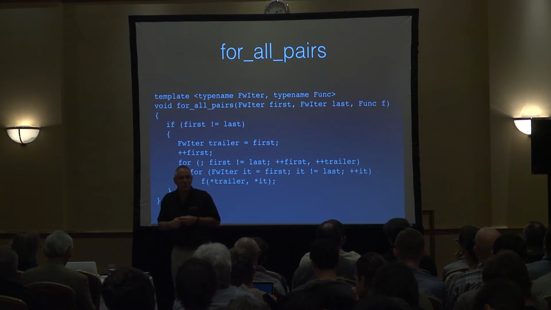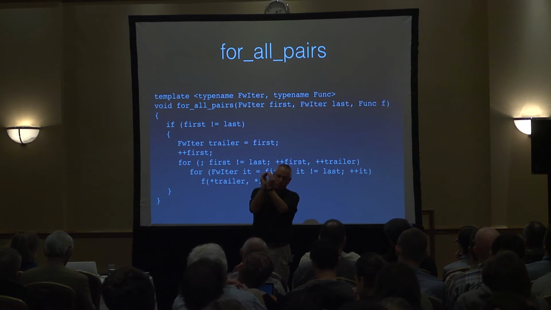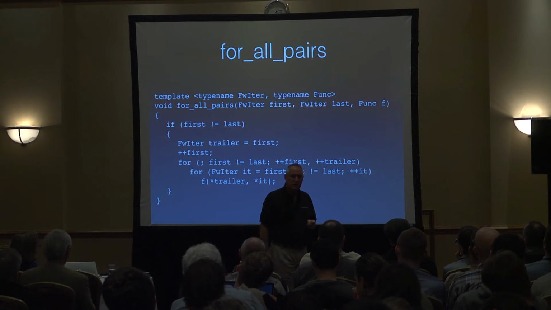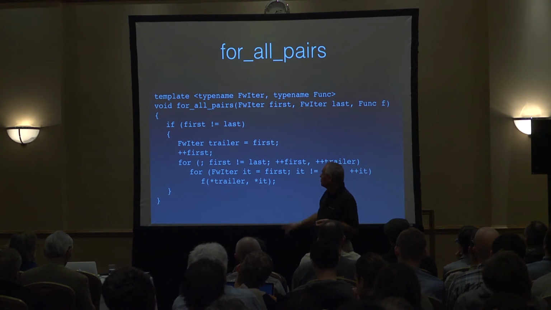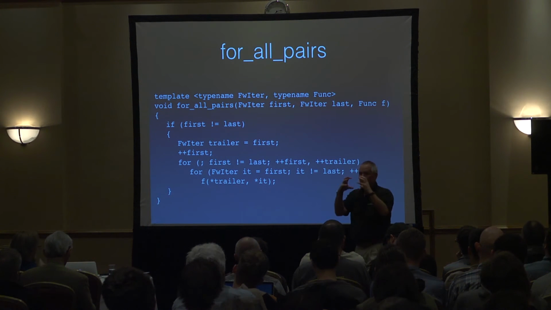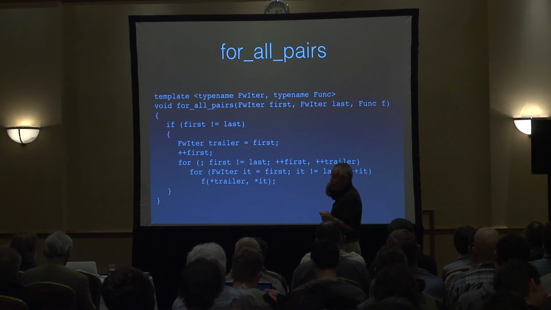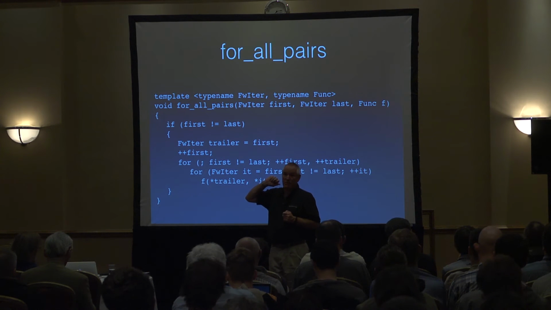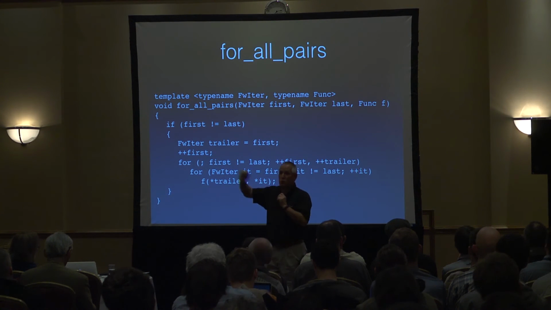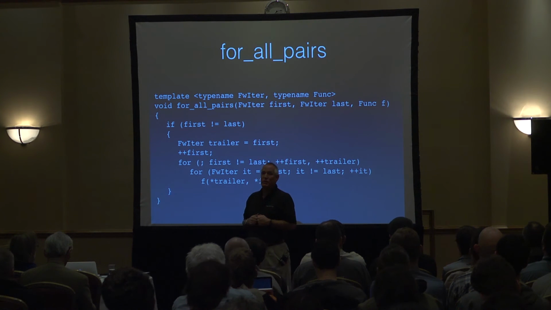They tend to be reasonably small objects that have a function call operator on them. If you wish to pass a functor by reference, there's this really handy utility called std::ref, a reference wrapper. And you just say std::ref of your functor, and it's a small object that can be passed by value, but it actually references your functor.